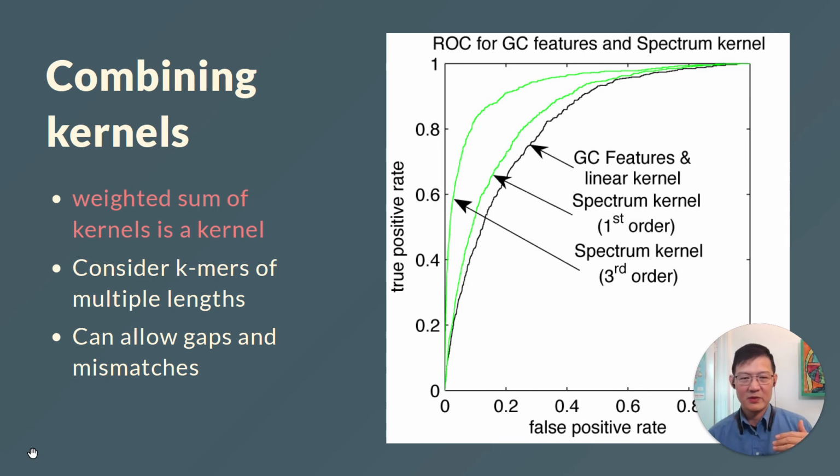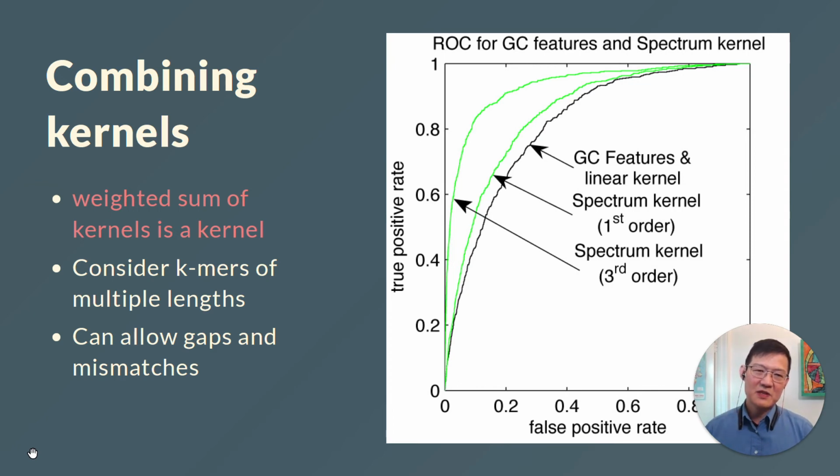This is a figure from the tutorial paper showing that you can combine these features and improve your classifier. What is being shown on the plot here is something called an ROC curve, the receiver operating characteristic curve. If you look at the GC features, just like we had at the beginning in an example, the GC content just before the splice site and just after the splice site, and you try to classify whether the object is a splice site or not, you get the ROC curve like a black line.